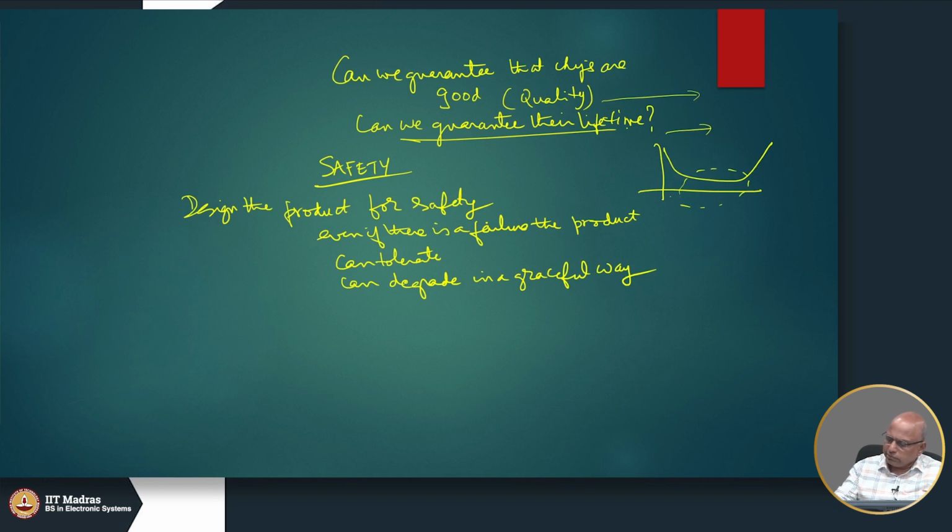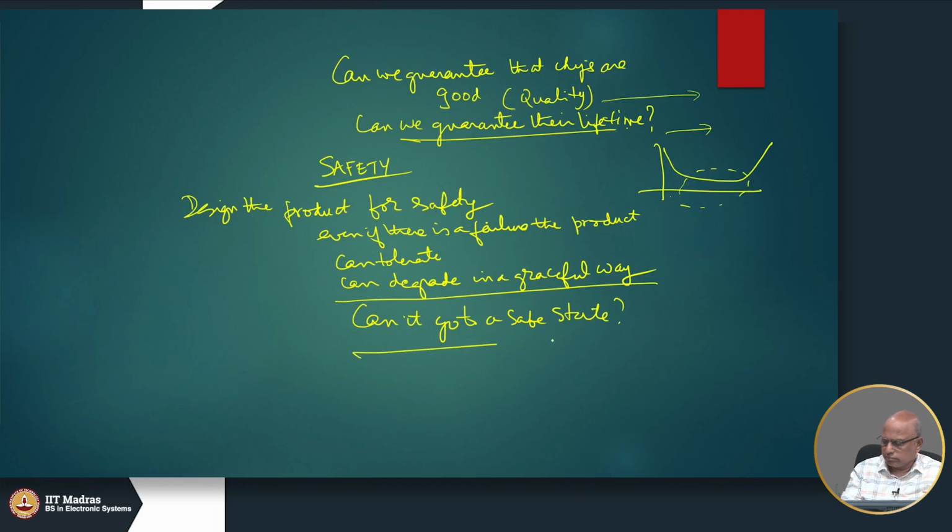If it's an elevator, and let us say the electronics fails between two floors, then can it at least go to the nearest floor and open the door so that nobody is trapped inside? Okay, can it go to a safe state? So, this safety is a big consideration.